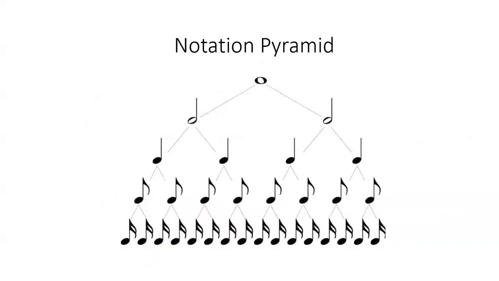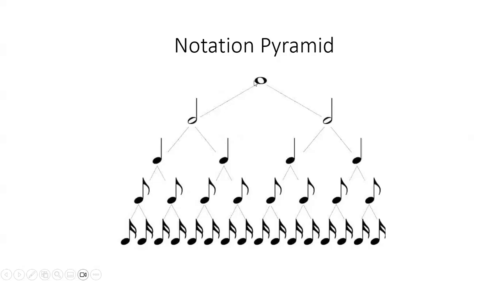So the notation pyramid shows at a glance, if I wanted to know how many quavers are in a semibreve, that there's 1, 2, 3, 4, 5, 6, 7, 8 there. So at a glance you can work out how many of a certain note is within a note.